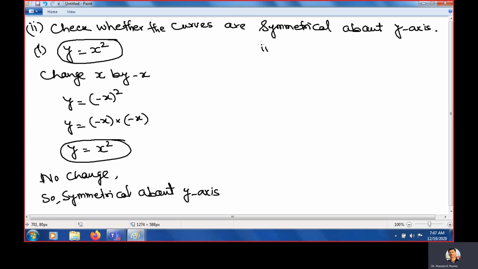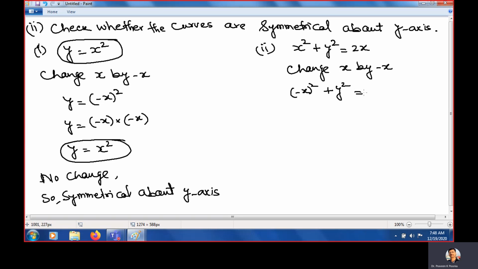And if we take the same question as the previous type of symmetry, x power 2 plus y power 2 is equal to 2x. So change x by minus x. So it will be minus x power 2 plus y power 2 is equal to 2 into minus x. Minus x power 2 is x power 2, so x power 2 plus y power 2 is equal to minus 2x.